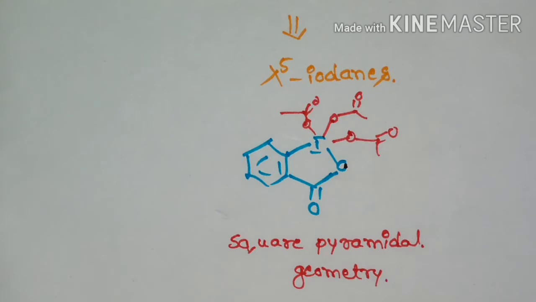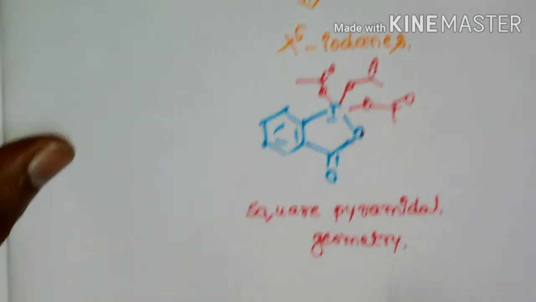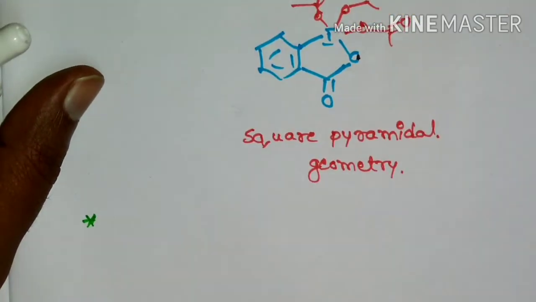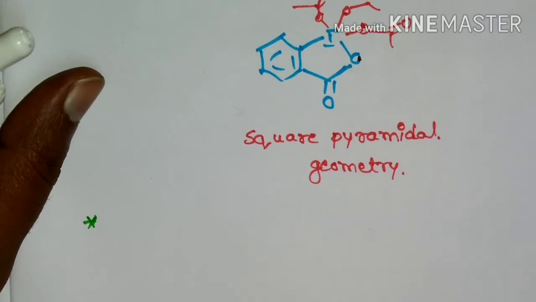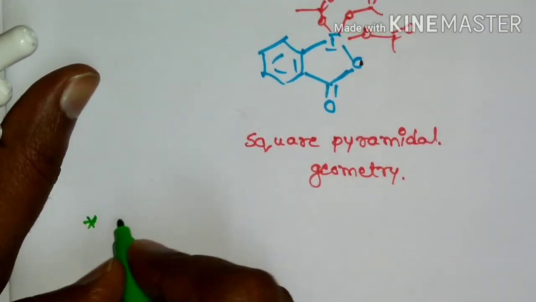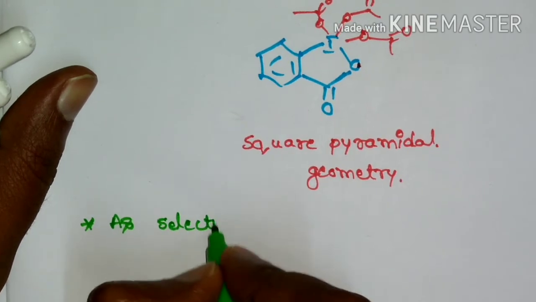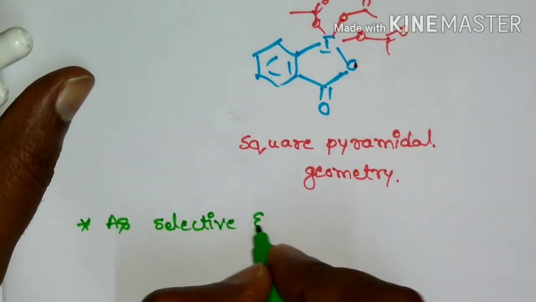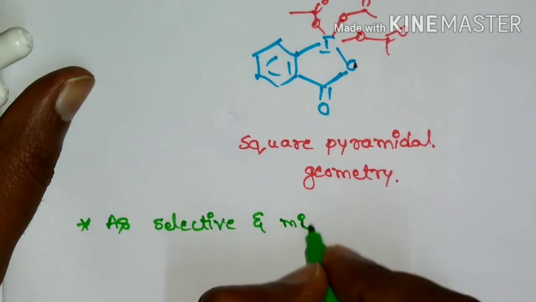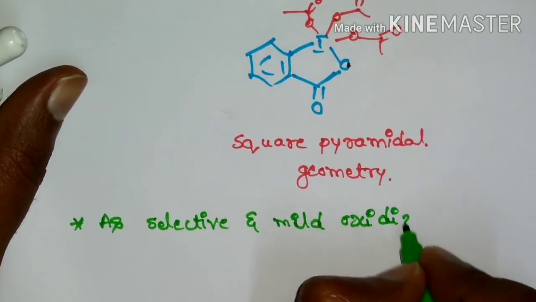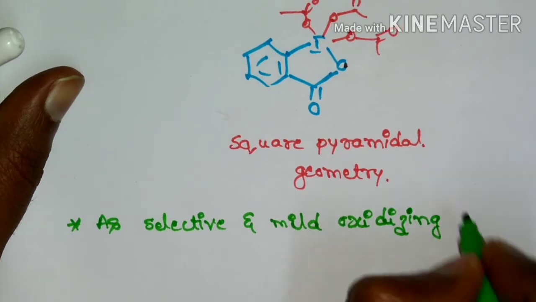What is the main use of this Dess-Martin periodinane? It is widely used in organic synthesis as a selective and mild oxidizing agent.